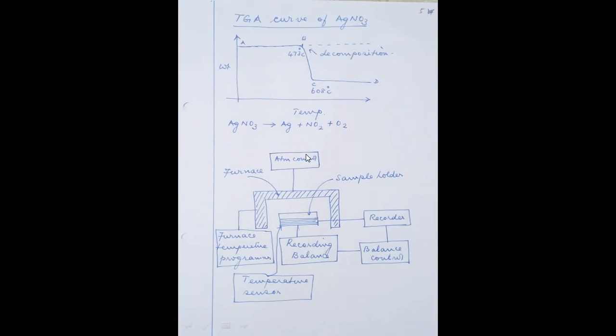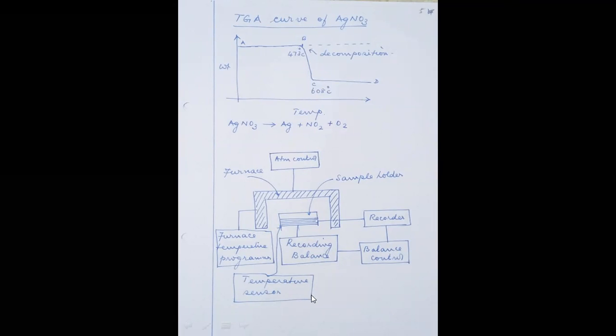So what happens? As the silver nitrate is heated, the weight goes down, and at 608 the reaction is complete. So this is the final temperature. This is the initial temperature. So the temperature difference between these two is the reaction temperature.